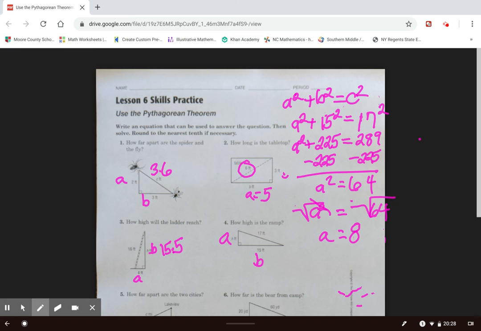All right, so a equals 8. So that means that this side over here is 8 feet, so the ramp is 8 feet high.